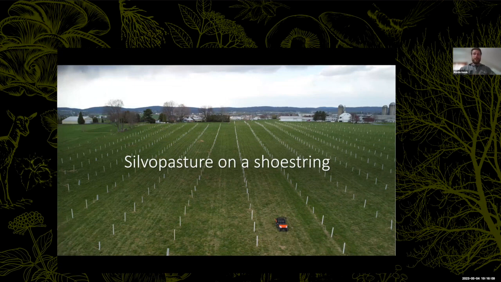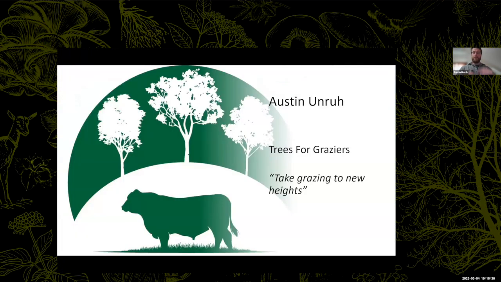So how do we make this investment in a silvopasture system and be able to cash flow it? That's the question that we want to attempt to answer in the next 15 minutes. It'll be pretty rapid fire going through this, and then we'll be able to address questions a little bit more relaxed after that. Okay, so my name is Austin Unruh, and I run Trees for Graziers.